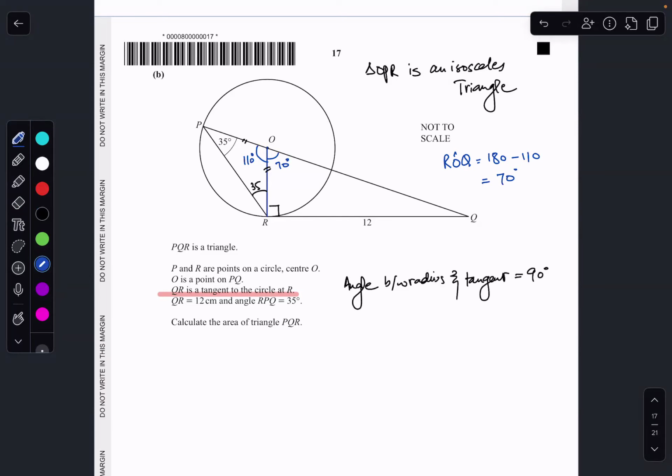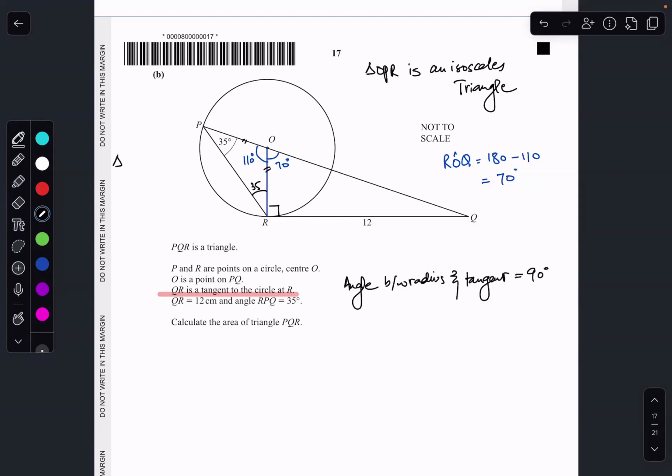Now, can I find the area of both the triangles? We have the information for this. All we have to do is find the radius OR, because we need a height and two sides. So let's calculate OR.